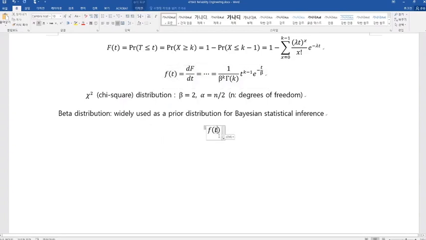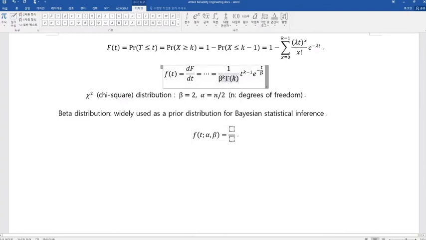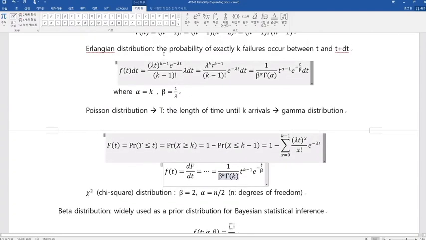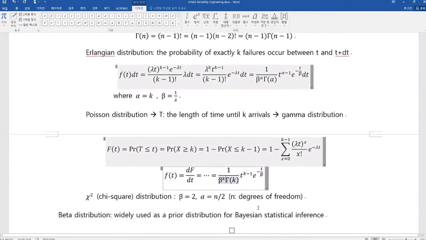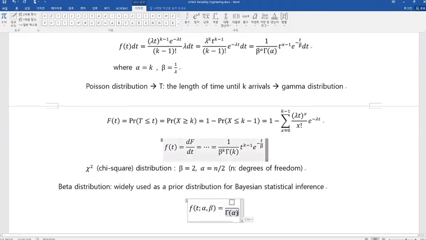F(t), when alpha and beta are the parameters, this form of equation is that, let's see, gamma alpha and gamma beta over gamma alpha plus beta.